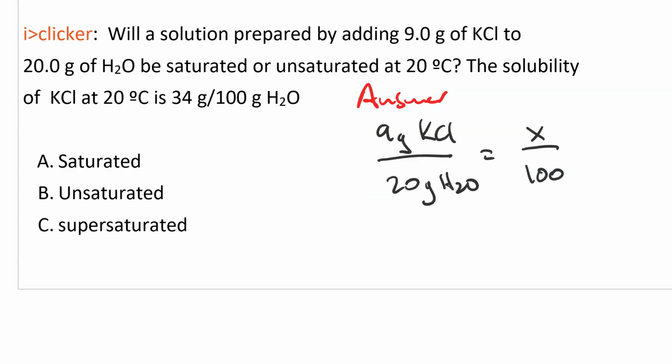To find the answer, we need a number that we can compare with the solubility. We know that we have 9 grams of KCl in 20 grams of water. How many grams of KCl would that be in 100 grams of water? So, 900 grams of KCl equals 20x.